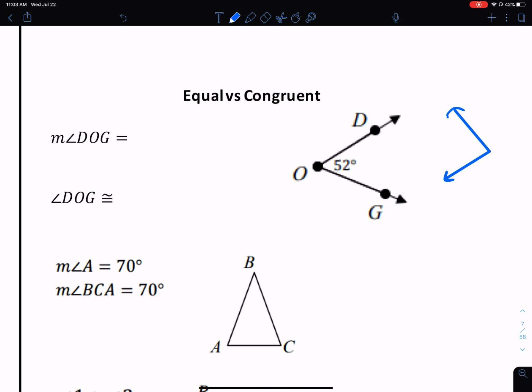Let's say this is angle B, and let's say it's also 52 degrees. The measure of angle dog is equal to 52 degrees. Angle dog is congruent to angle B. Angles are congruent. Measures of angles are equal to numbers.